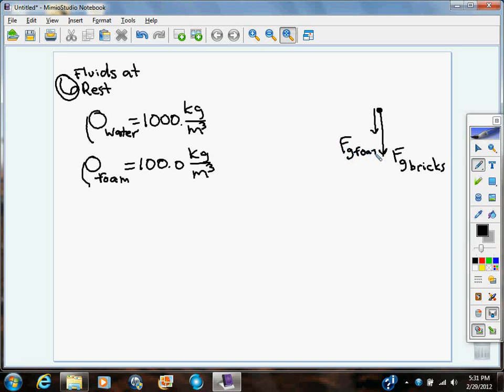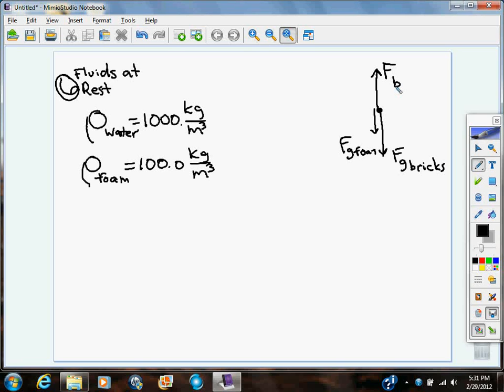Now, in order for something to float, it's going to have to be in equilibrium. So you're going to have a counterforce here. And that counterforce is actually the buoyancy force, which is created by the displacement of the water by the foam.